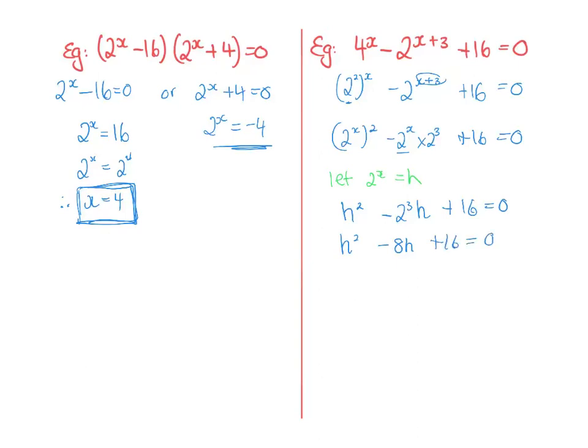So this is another perfect square. When I go to factorise, I can see that that's h minus 4 squared. So h must equal 4, but therefore 2 to the power of x must equal 4, and I've got 2 to the power of x equals 2 squared. Match the bases up, therefore x must equal 2. And there's that answer.